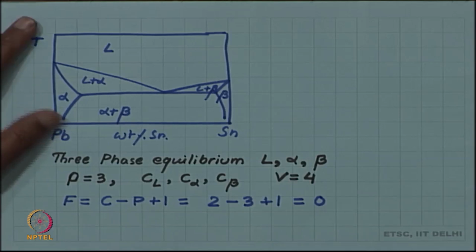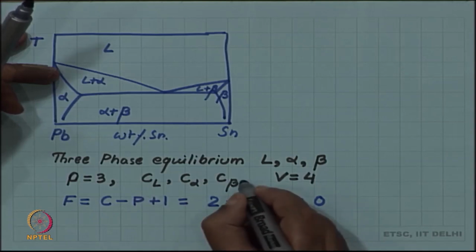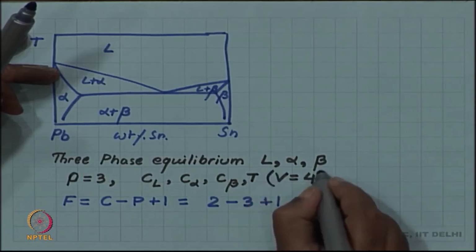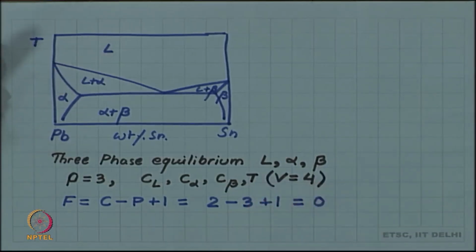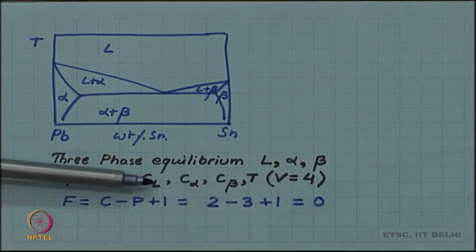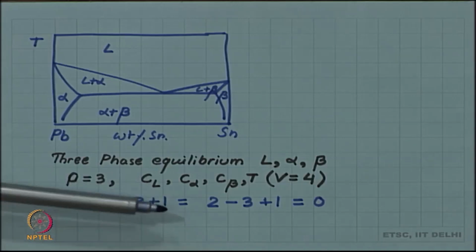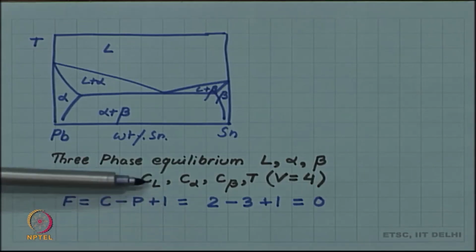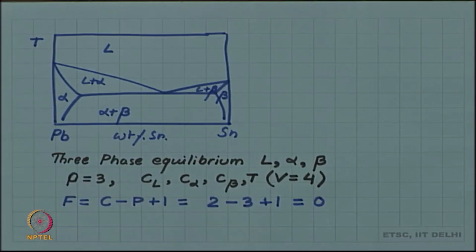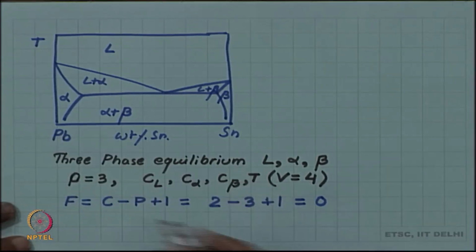Although we have 4 variables, the liquid composition, alpha composition, beta composition, and temperature, if I insist on this 3 phase equilibrium, I am not free to vary any of these variables. So, if at all, I will have this equilibrium at fixed composition of liquid, alpha, beta, and a fixed temperature. And this is what the eutectic line gives you.